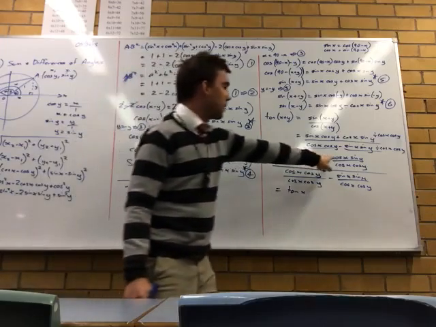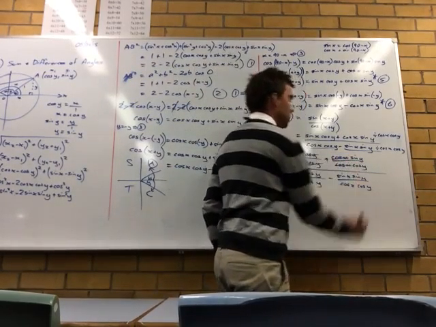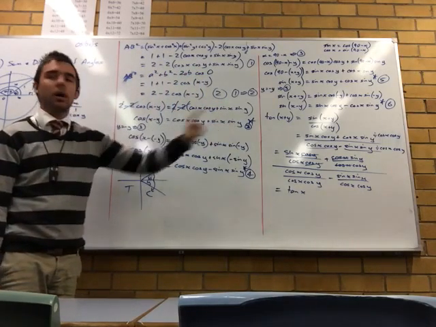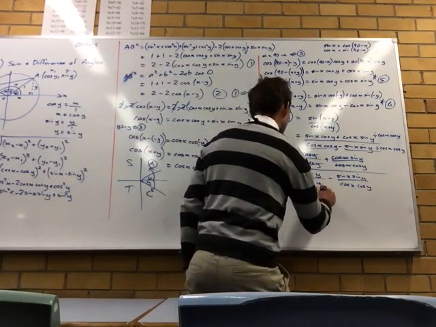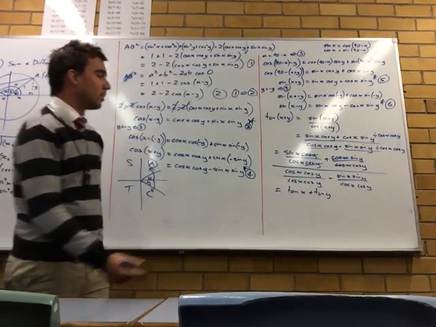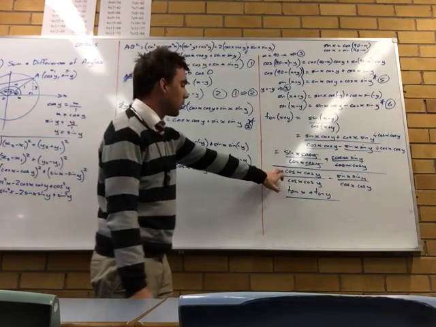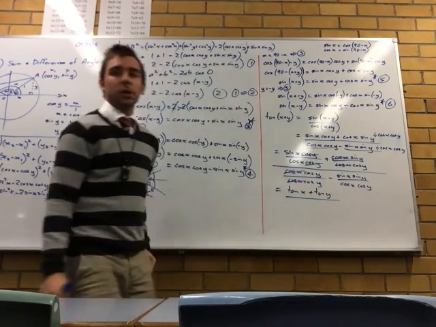Over here I've got cos of x, cos of x. I'll cancel the same expression. And now I'm left with sine of y over cos of y, which equals tan of y.